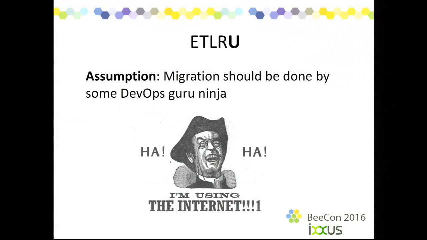Another assumption that we take is that in all the migration process, the migration is going to be driven and conducted by a super DevOps guy, who will create graphics or charts from daily logs, etc. This is not going to happen. You know, in the end, this is about business, and business needs to be somehow implicated in the migration.